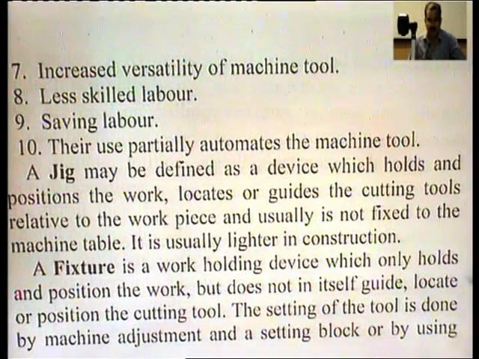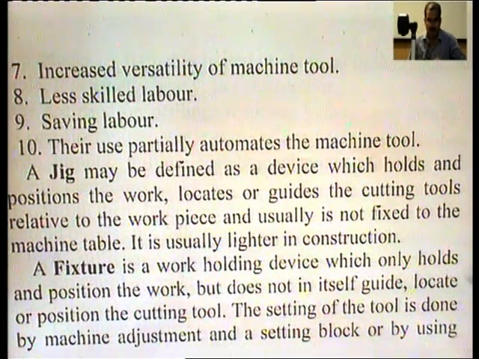Then a fixture is a work holding device which only holds and positions the work; it does not in itself guide, locate or position the cutting tool. So, from this you can understand the difference between a jig and a fixture. A fixture is only a work holding device and it does not guide the cutting tool.